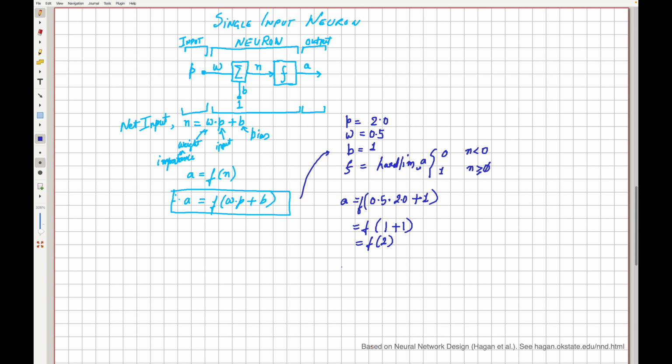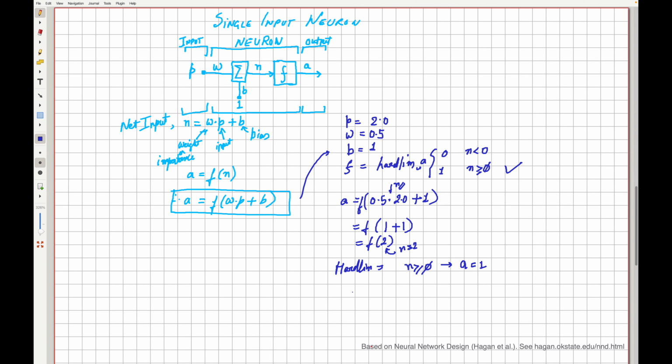And if we look at the hard limit, inside here what we are calculating is the value for n. So here, as you can see, n is equal to 2, right? And because n is greater than or equal to 0, this condition applies, and we say that a is equal to 1.